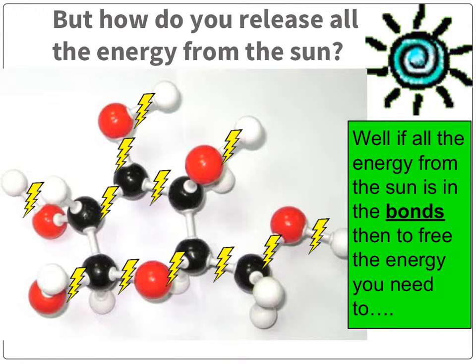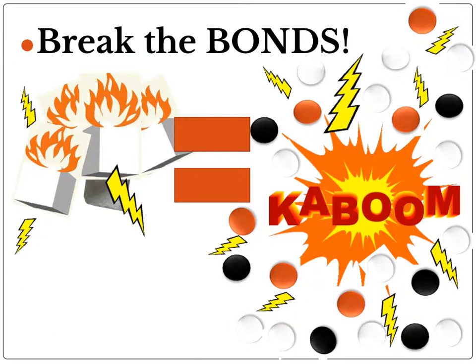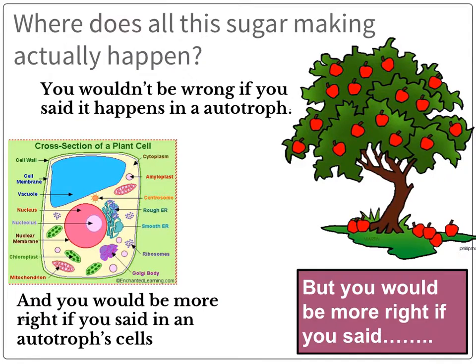And going further, if all the energy from the sun is in the bonds, then to free the energy that was stored between the bonds, you need to break the bonds. When the bonds are broken, the energy that was taken from the sun's energy is released.